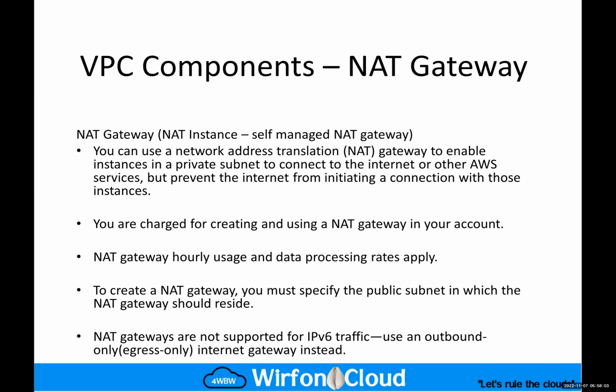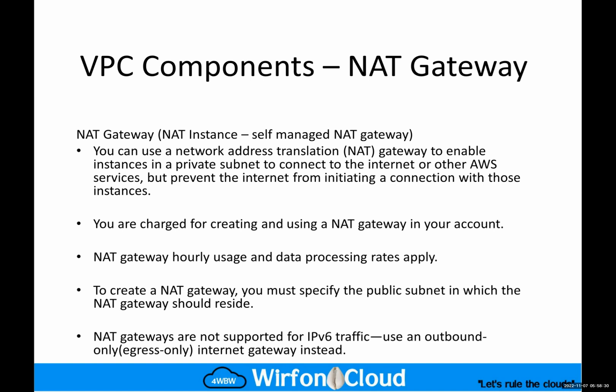So they initiate communication to the internet by first going through the NAT gateway in the public subnet, and then from there it goes through the internet gateway used for that VPC, and the communication is then forwarded to the internet. But you cannot initiate communication through this NAT gateway into that private instance.